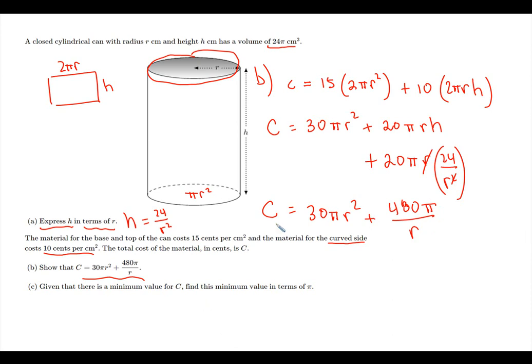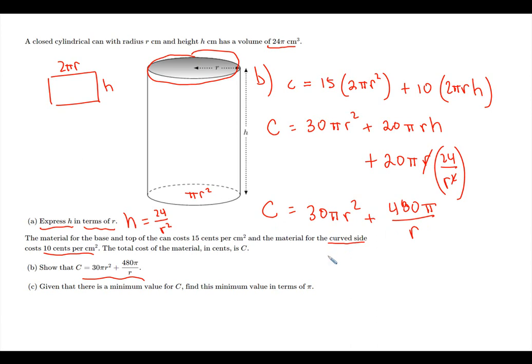The last part says, given that there is a minimum value for C, find this minimum value in terms of pi. Anytime they want you to find the minimum or maximum of something, it's an optimization problem.